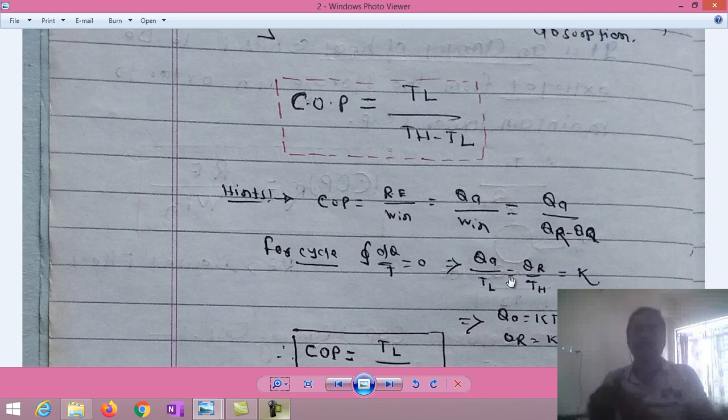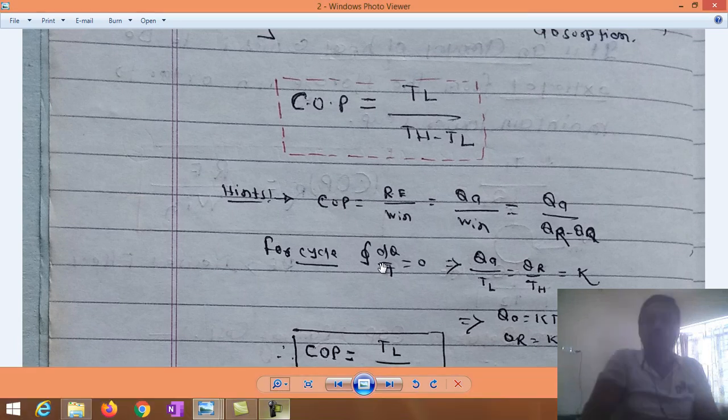So there are 2 conditions, less than and equal to 0. Since all 4 processes are reversible, this is a reversible cyclic process. In this condition, the cyclic integral of del Q by T is equal to 0.